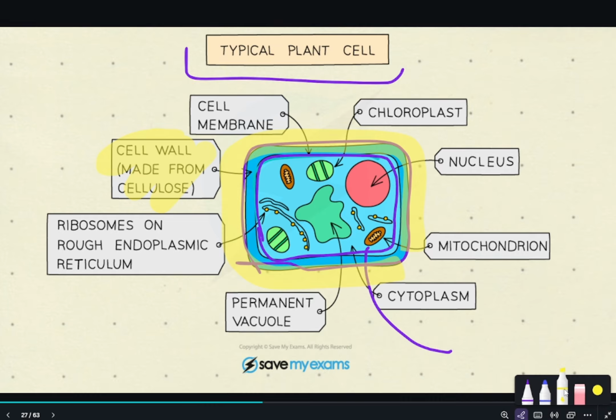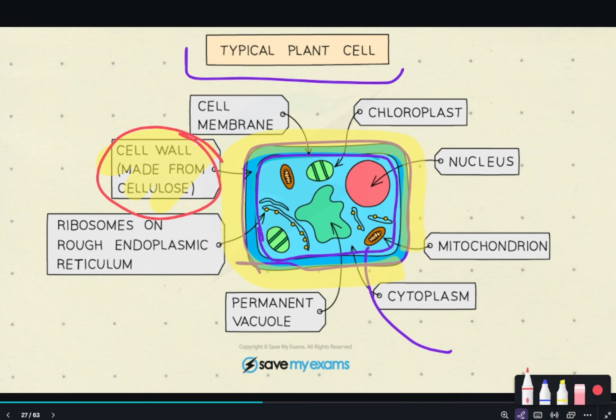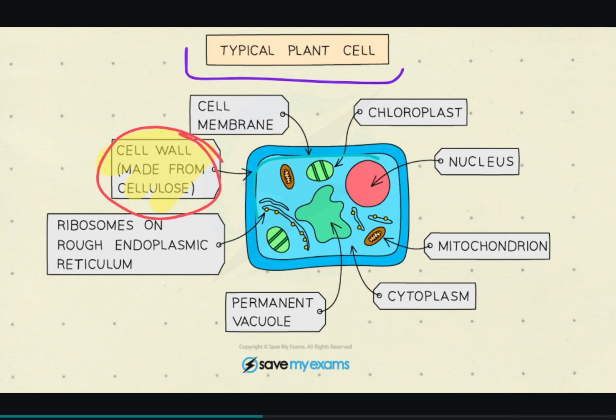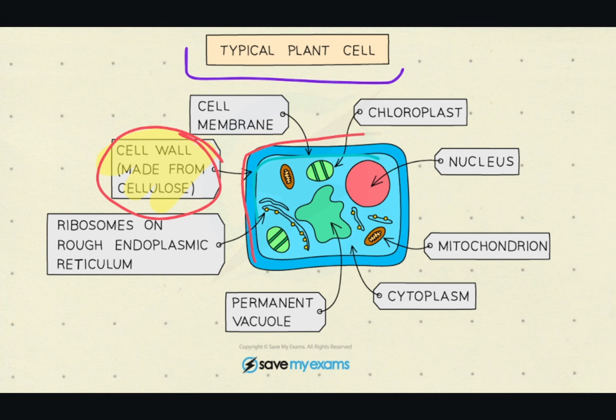The important thing to note is what the cell wall is actually made up of. That is what you need to remember right now: this cell wall is made up of cellulose. Again, not going over what a cell wall is and all of that, just know that the cell wall is an outer layer, and it is always present in all plant cells.